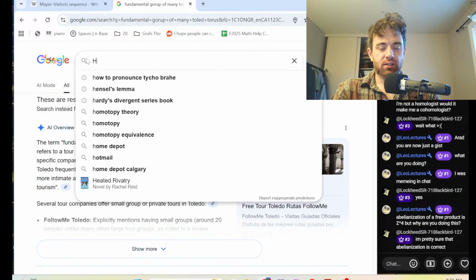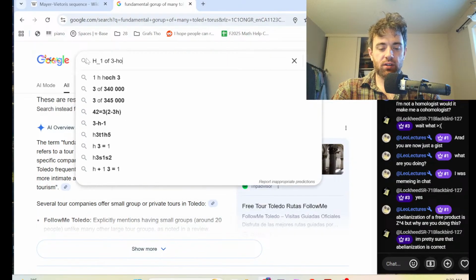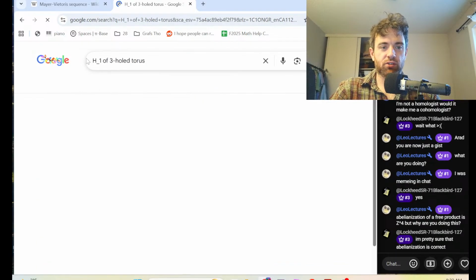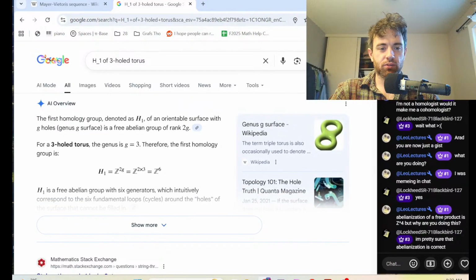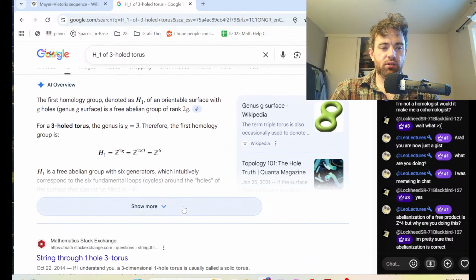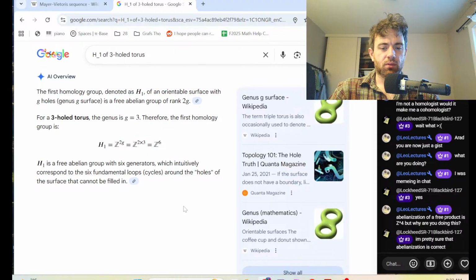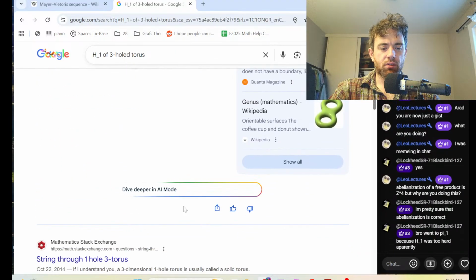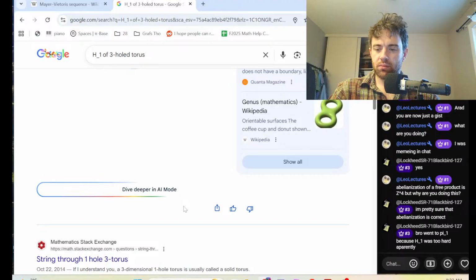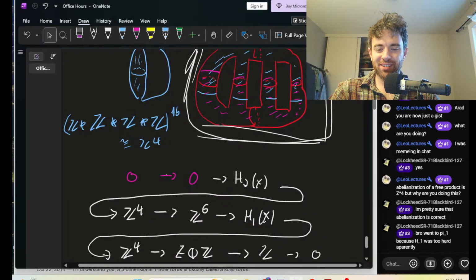H1 of 3-hole torus. Let me just fact check myself here real quick. Z6? What did I do wrong? Burr went to pi 1 because H1 was too hard, apparently.